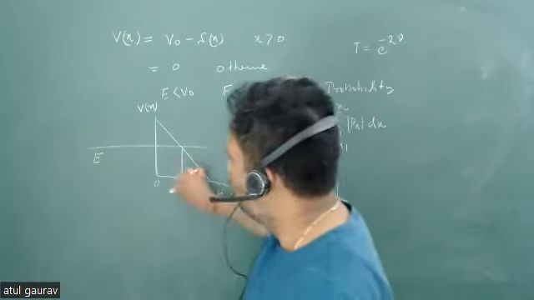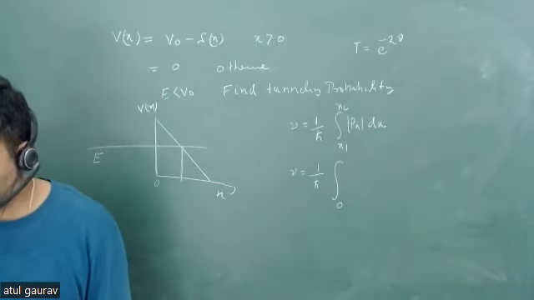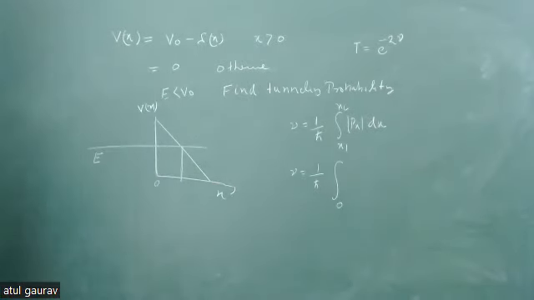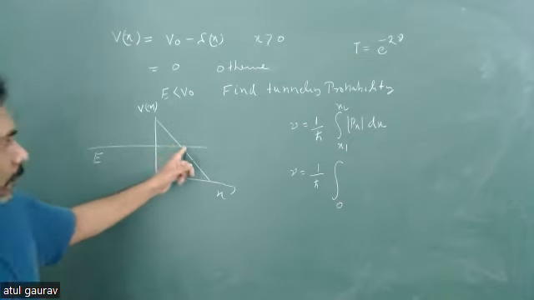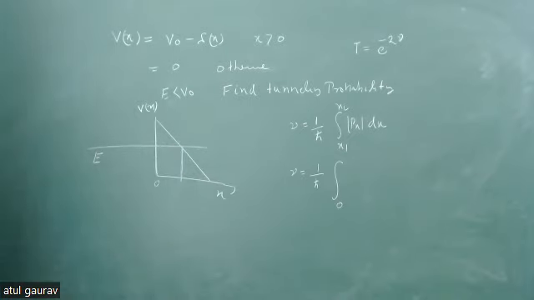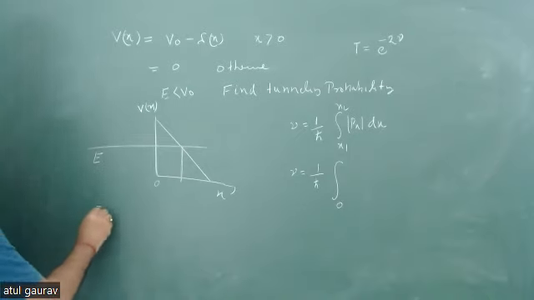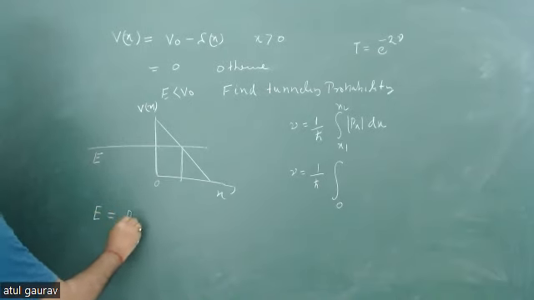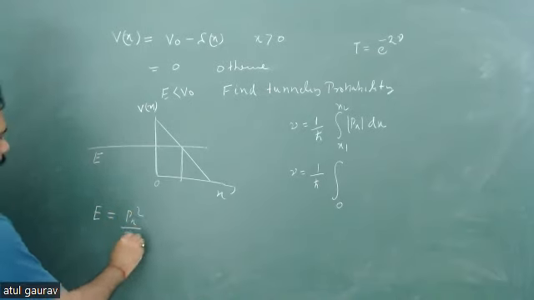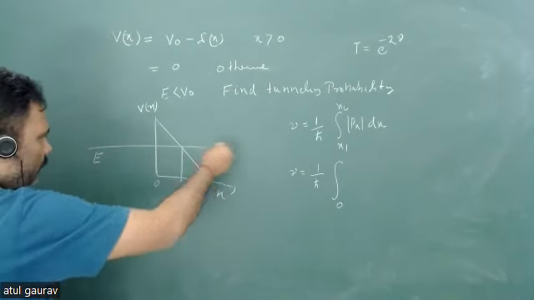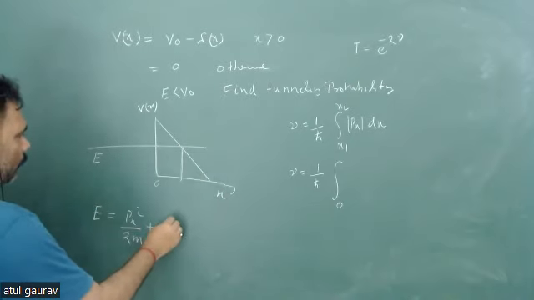What is this point? क्या होगा ये? Just tell me, what is this point? क्या है ये? Anyone? So this point is again turning point. अगर आप इस रीजन से अप्रोच करते हो तो क्या होगा?